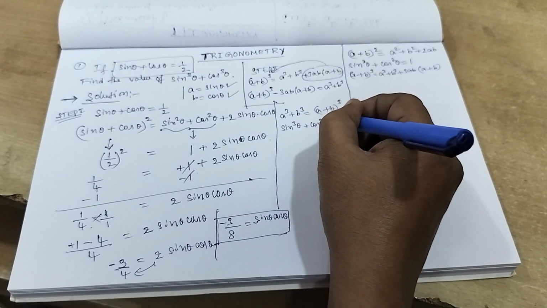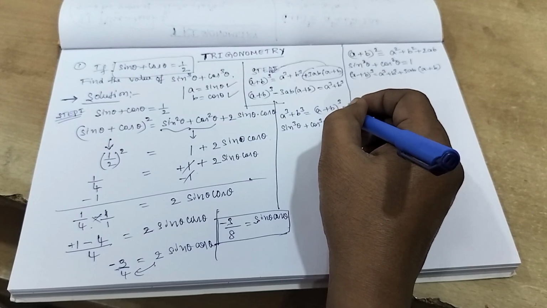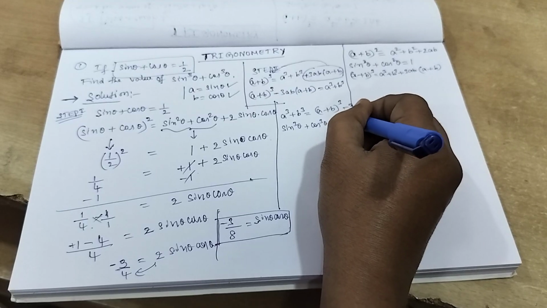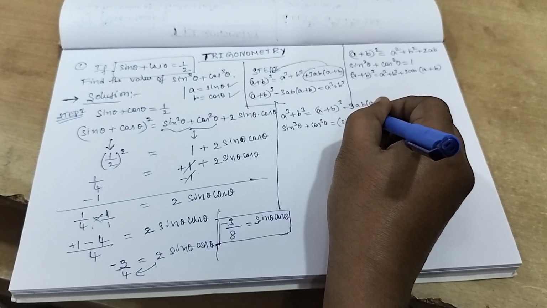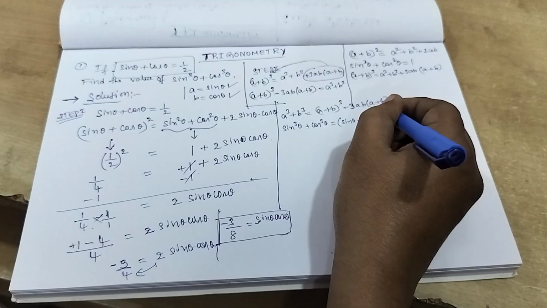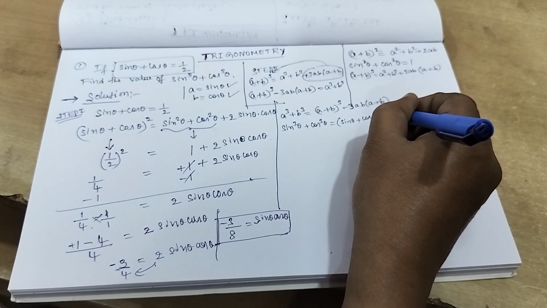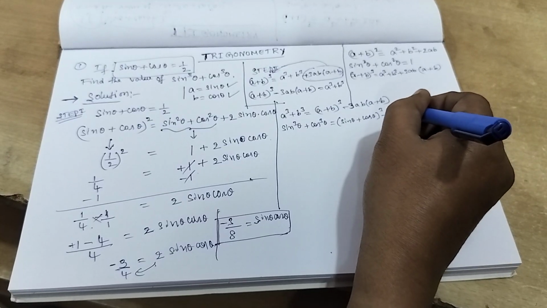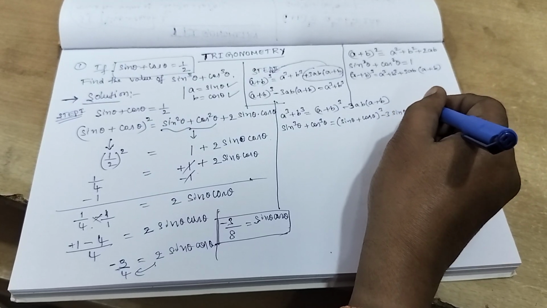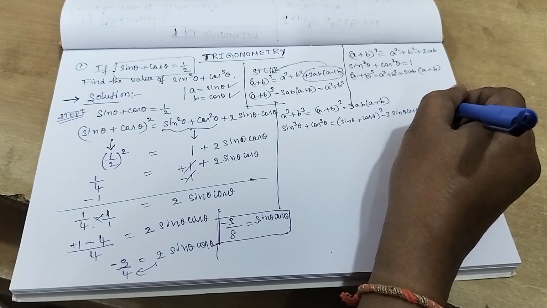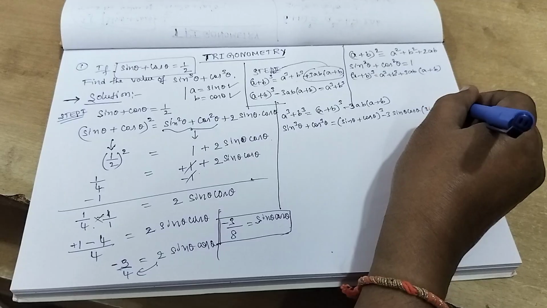Yes, so now sine cube theta plus cos cube theta is equal to a plus b whole cube, that is sine theta plus cos theta whole cube, then minus 3 times ab, that is sine theta cos theta, then we have a plus b, that is sine theta plus cos theta.